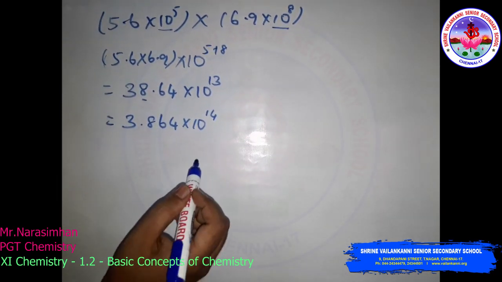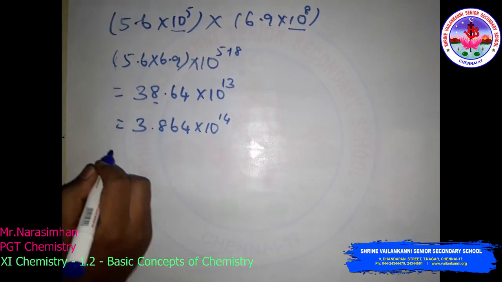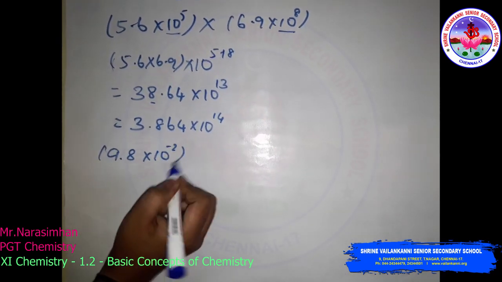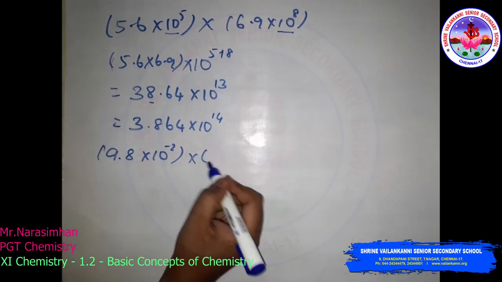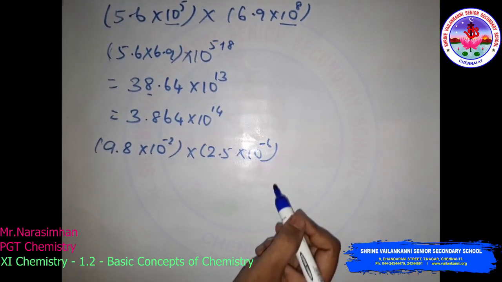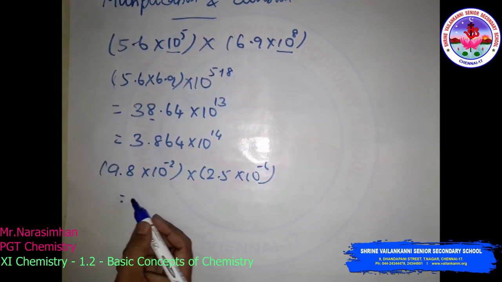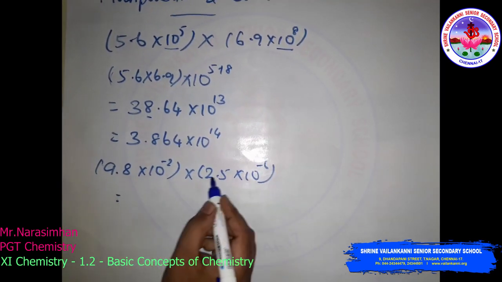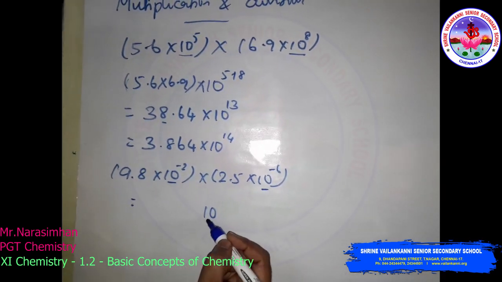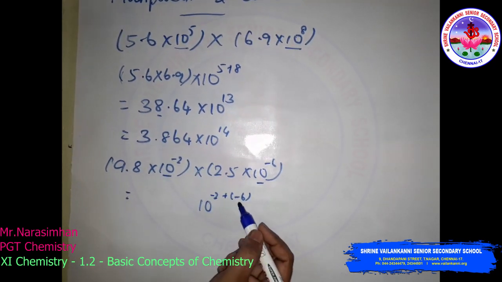Similarly for division, one more example is 9.8 times 10 power minus 2 and 2.5 times 10 power minus 6. Here you follow the same rule. Take 9.8 and 2.5, and for the powers of 10, combine minus 2 and minus 6, which becomes minus 8.